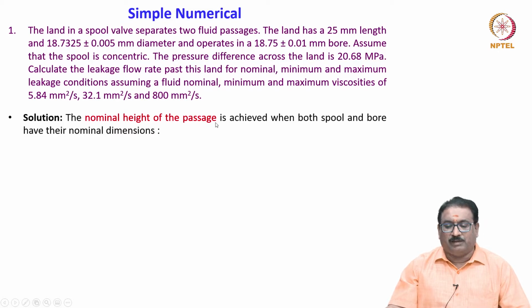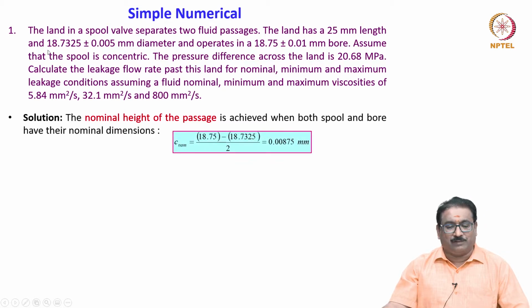The nominal height of the passage is achieved when both the spool and bore have their nominal dimensions, because the nominal height means what? Here you will see 18.75 minus 18.7325, divided by 2, correct?